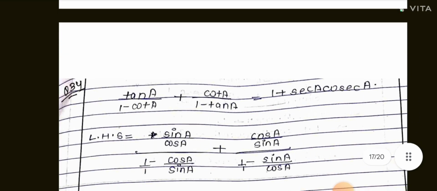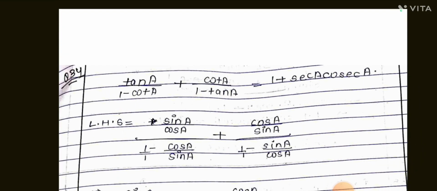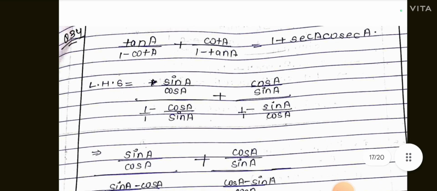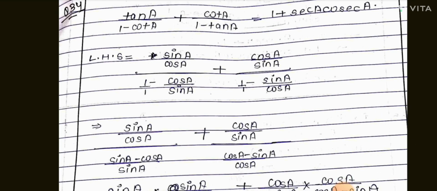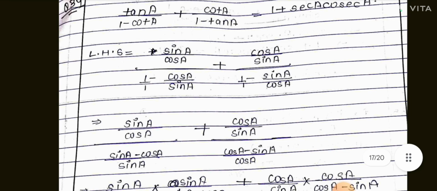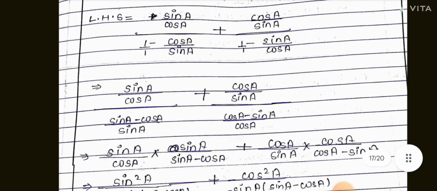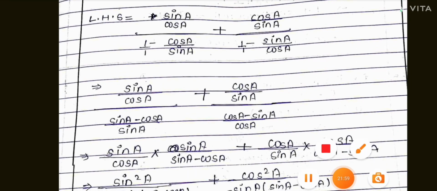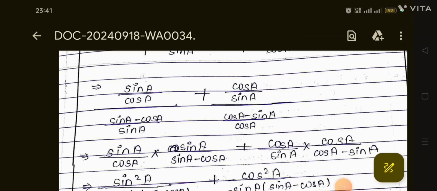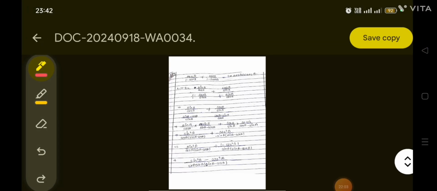Question 34. Tan A by 1 minus cot A plus cot A upon 1 minus tan A. You need to verify it equals 1 plus sec A into cosec A. First we need to convert tan A and cot A into the form of sin and cos. After that, we take the LCM of the denominators.